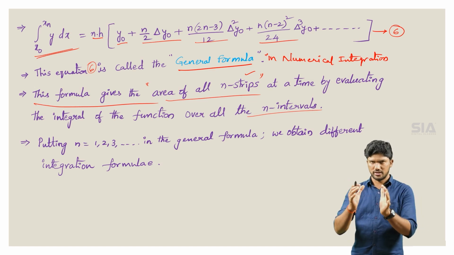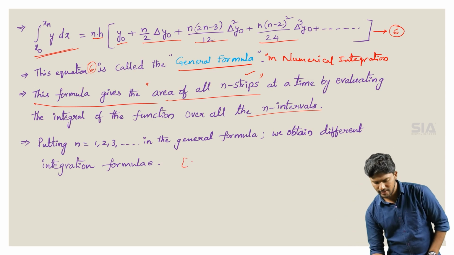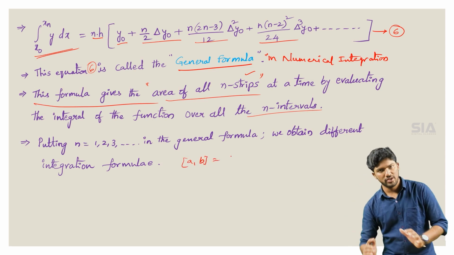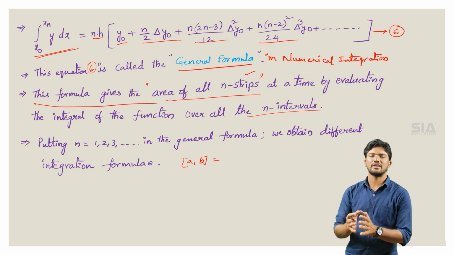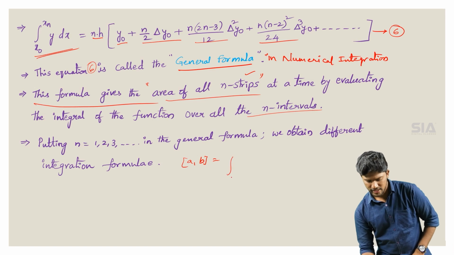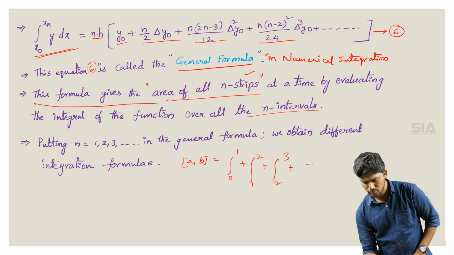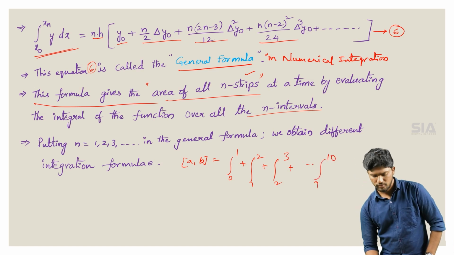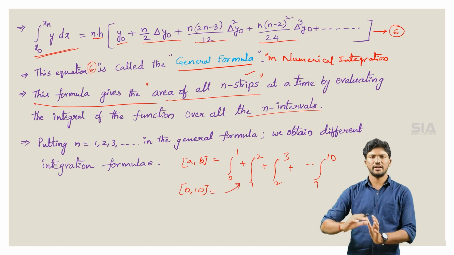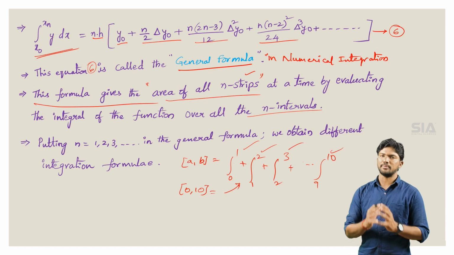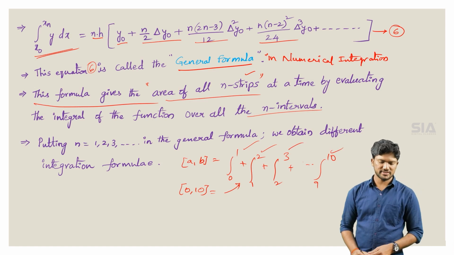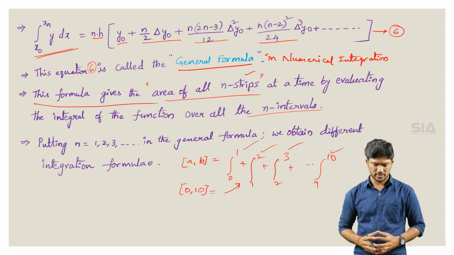If you take the interval a comma b, we can divide it into small n number of equal subintervals, and for each subinterval you will get one integral: 0 to 1 plus 1 to 2 plus 2 to 3 plus up to 9 to 10. The original integral is 0 to 10, and you can divide it into equal subintervals. Each integral is called a strip. So the formula gives the area of small n strips at a time.